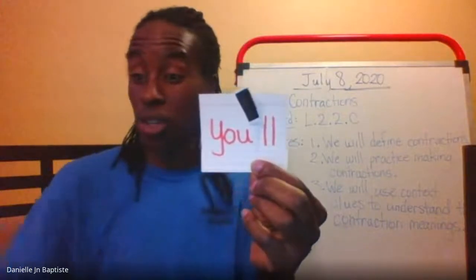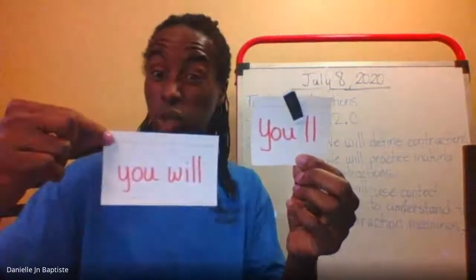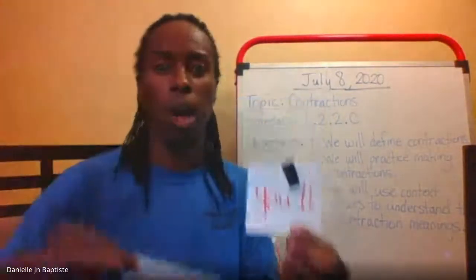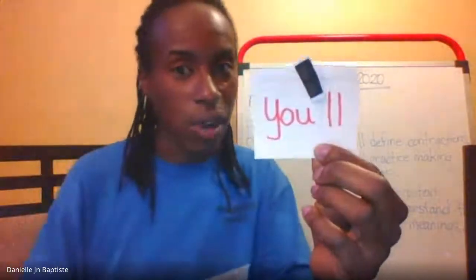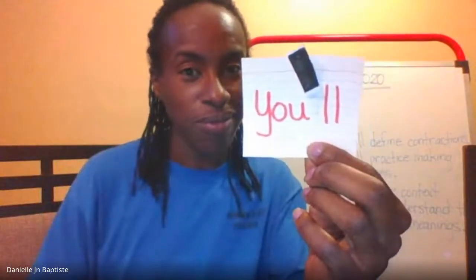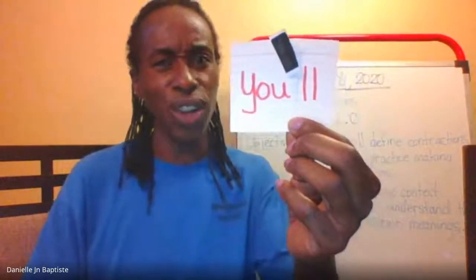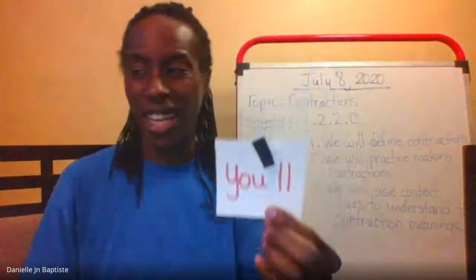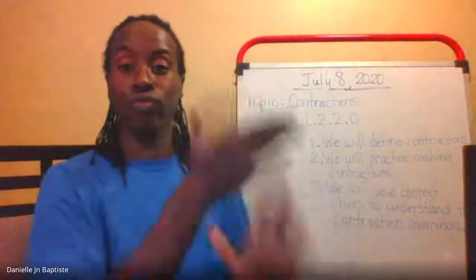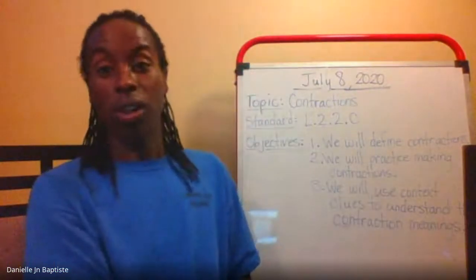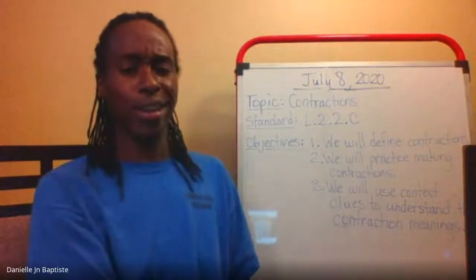The contraction used to be 2 words, which were you will, and now it's turned into you'll. You'll. Nicely done. That, my dears, was our last contraction. But we're not done yet.